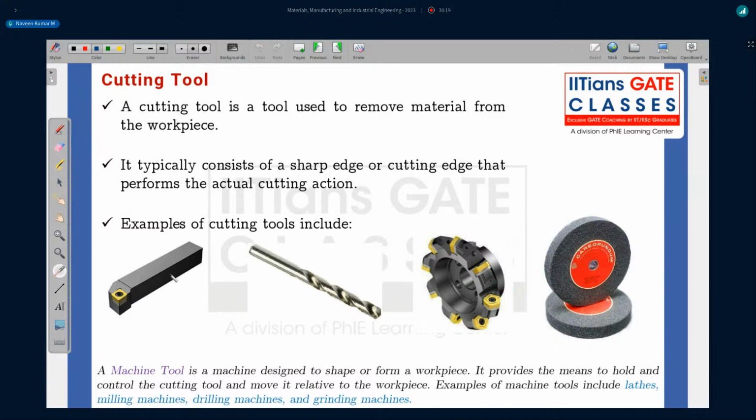This is a lathe cutting tool. I can say this is a single point lathe cutting tool. Drill bit, this is your face milling cutter, and this is your grinding wheel. Right. So let me write each one of them. So I can say lathe cutting tool.